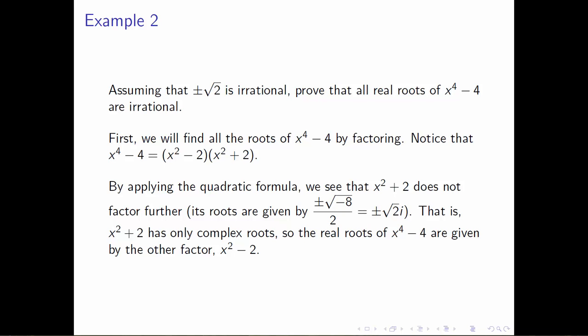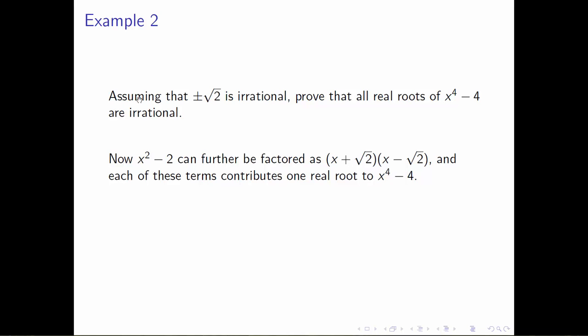So for instance here I said, x squared plus 2 has only complex roots, so the real roots are given by the other factor. And instead of stopping there and leaving that as possibly ambiguous, I said the other factor. Which one? This one, x squared minus 2. So I'm trying to bring this extra level of being particularly specific to the problem to make sure that there's just no possibility for confusion.